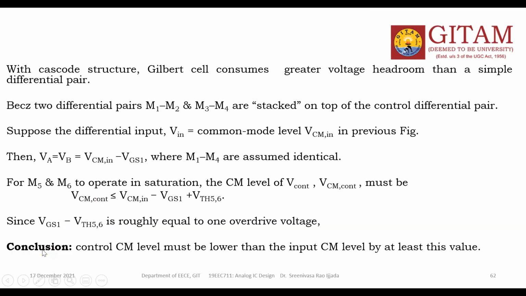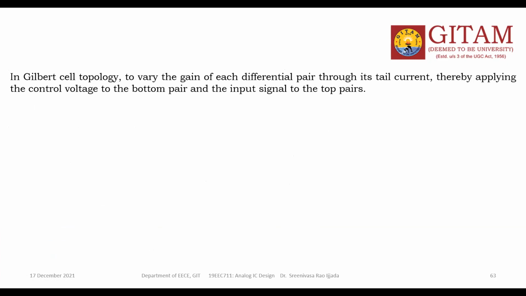What is the basic operation you want? You need variable voltage gain. In the Gilbert cell topology, to vary the gain of each differential pair, how many differential pairs are there?